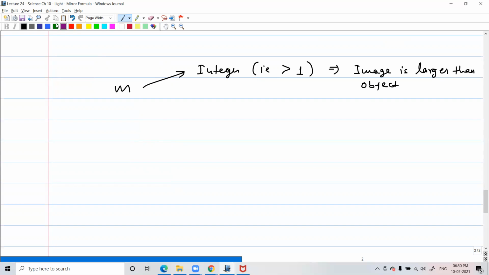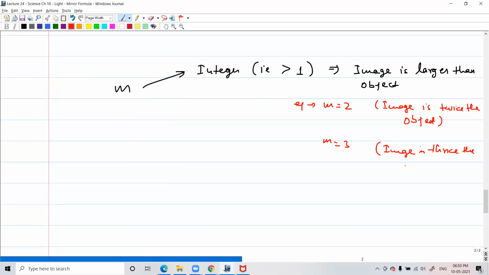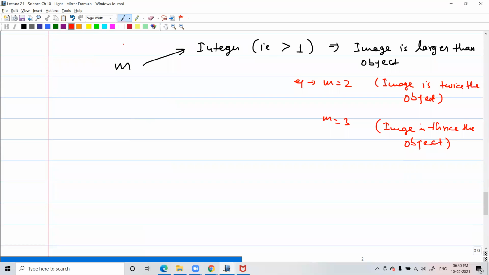For example, if m is equal to 2, it means image is twice the object. M is equal to 3 means image is thrice the object. Is that clear to everyone? If M is an integer which is greater than 1, then this is what happens.